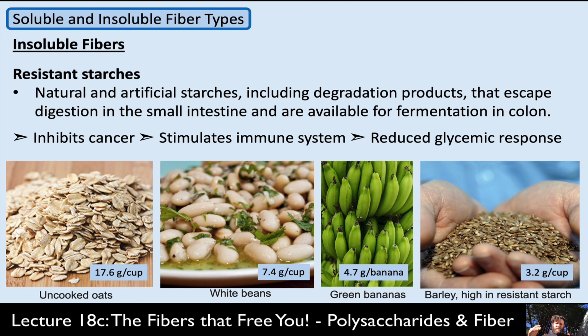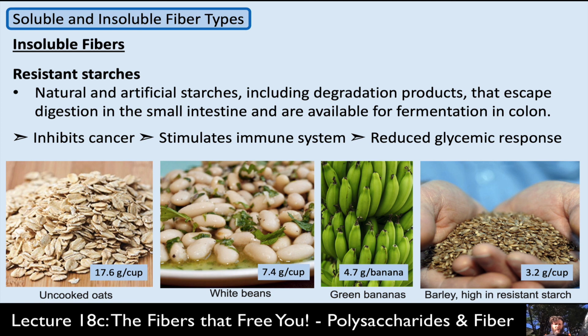So you have less of a spike in blood sugar if you eat a bunch of sugar in conjunction with different resistant starches. So here are just some examples of where you can get these resistant starches. Uncooked oats. The less the oat is cooked, let's say you have whole grain oat groats that are only partially cooked, are great sources of resistant starches.